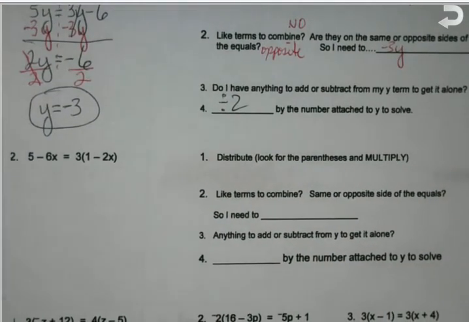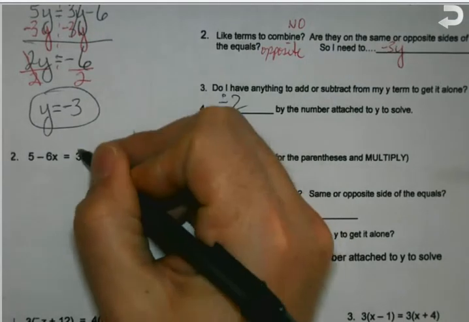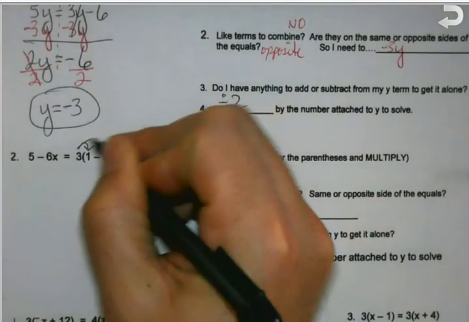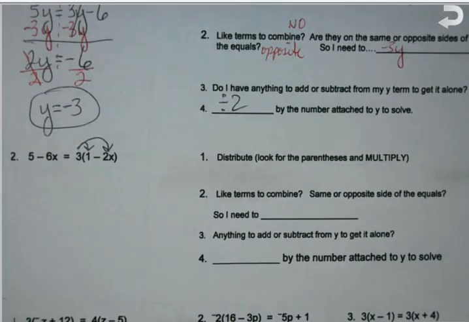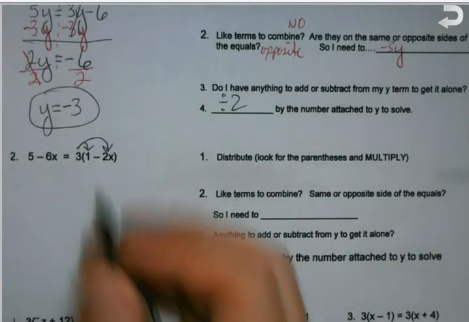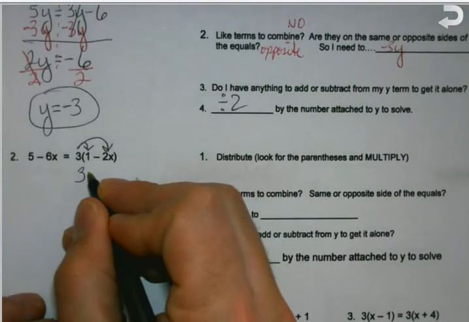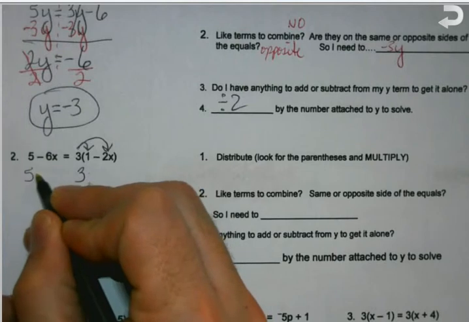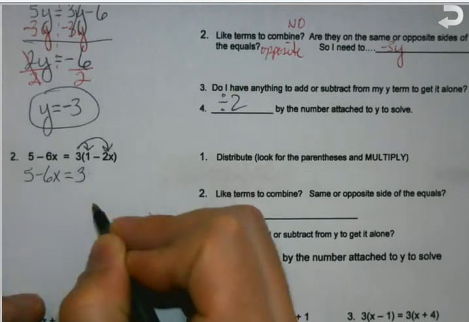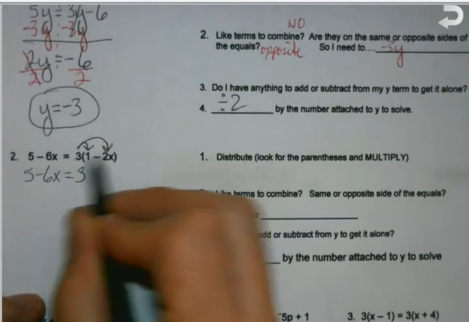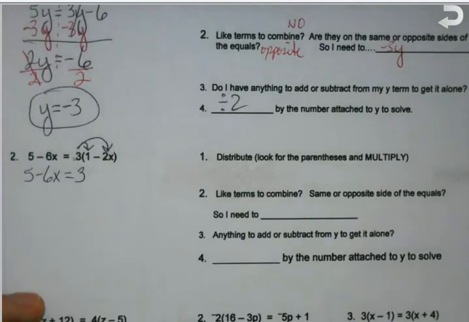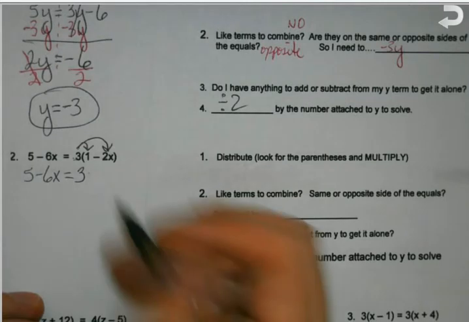And just like we did in the first one, anytime you see the parentheses at the start, we need to do that first. 3 times negative 2x, what do I get? Negative 6.